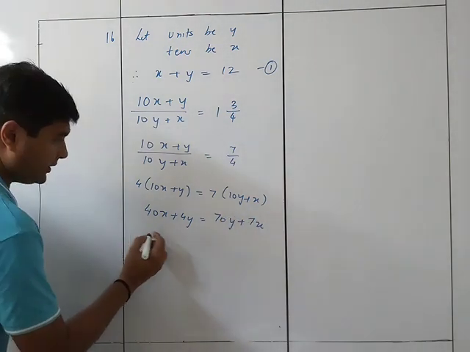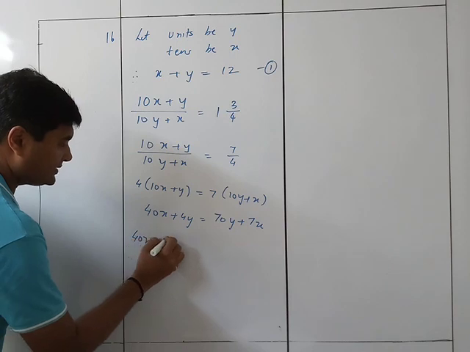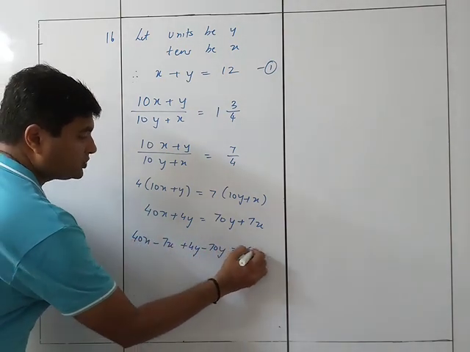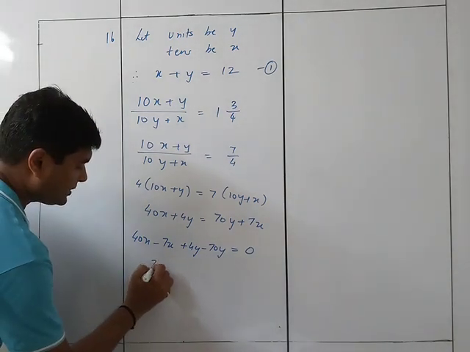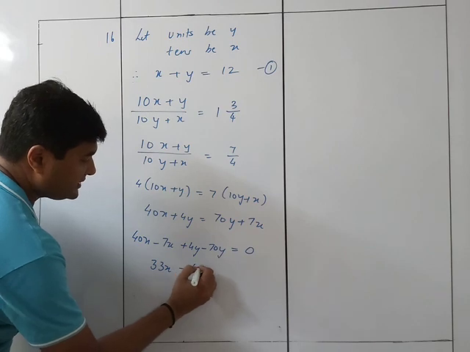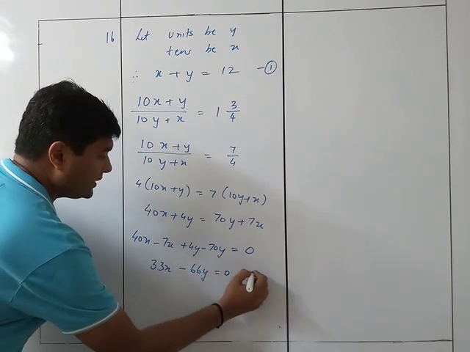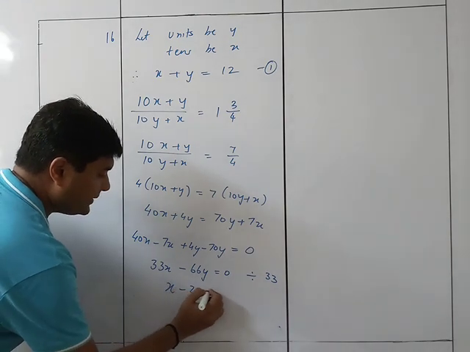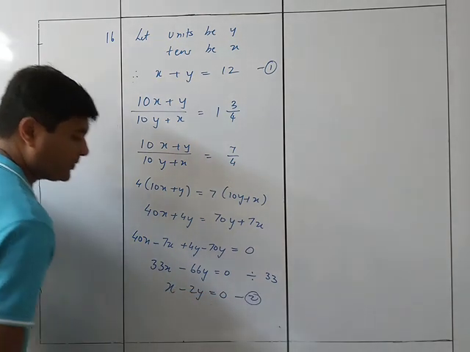Bringing everything together, 40x minus 7x plus 4y minus 70y is equals to 0. So this gives me 33x minus 66y is equals to 0. Dividing it by 33, we get x minus 2y is equals to 0 as my second equation.